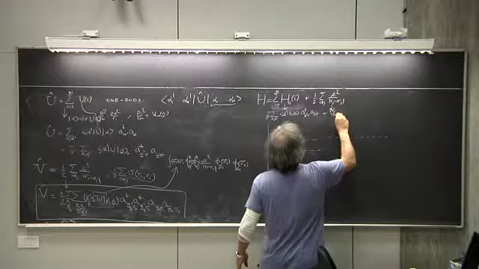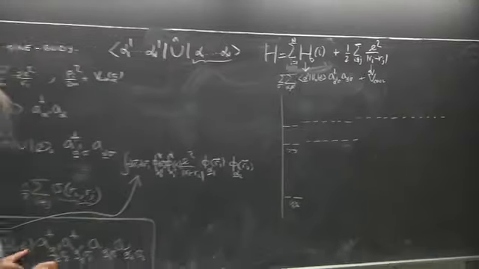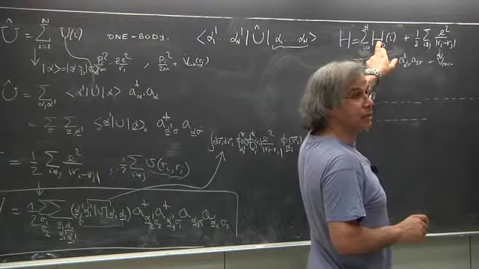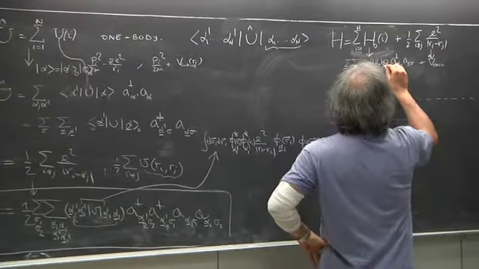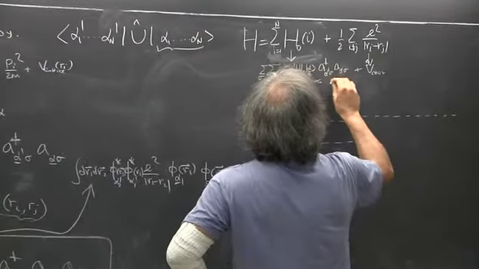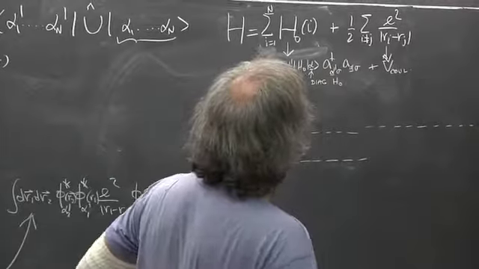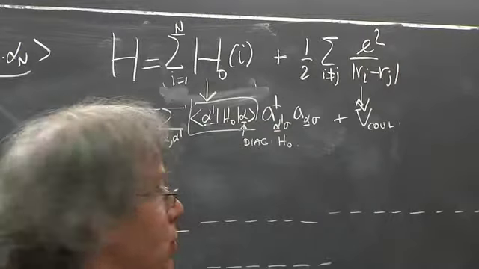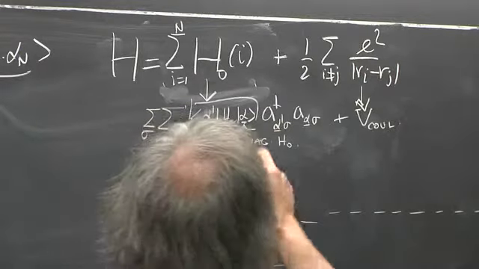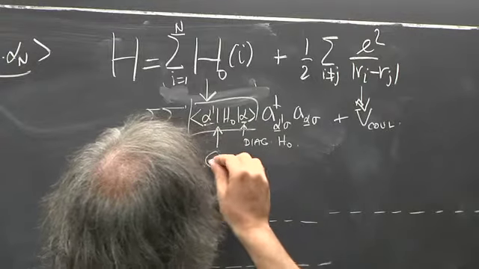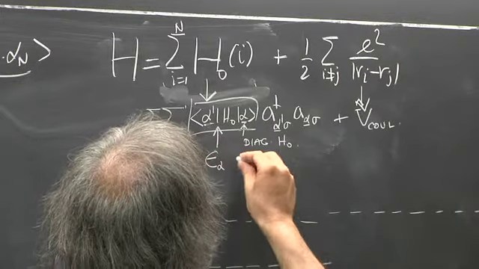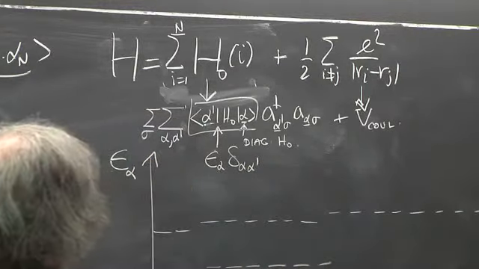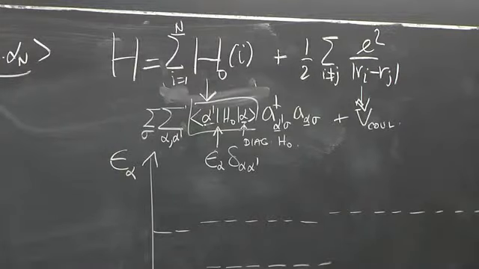Now, suppose that I have selected the basis alpha to be the basis that diagonalizes H0. This means that here, alpha and alpha prime have to be the same, because these are eigenstates. So this object here is equal to the energy epsilon alpha of the state alpha times delta alpha alpha prime, where epsilon alpha is what I'm drawing here. Is this clear?